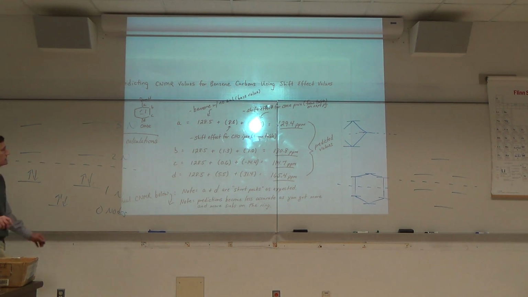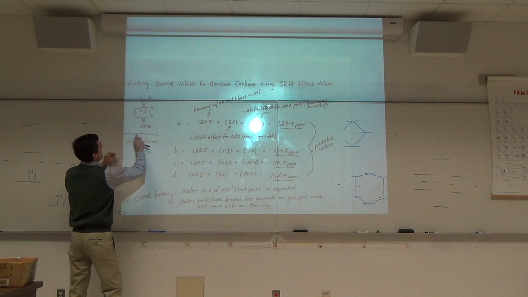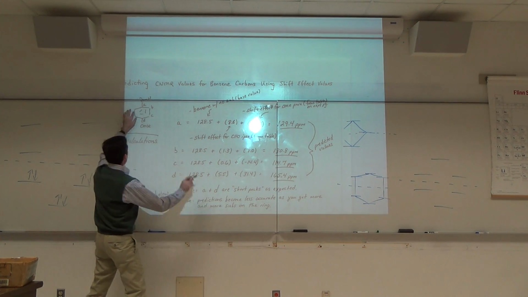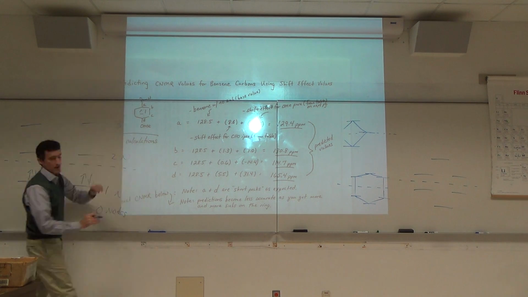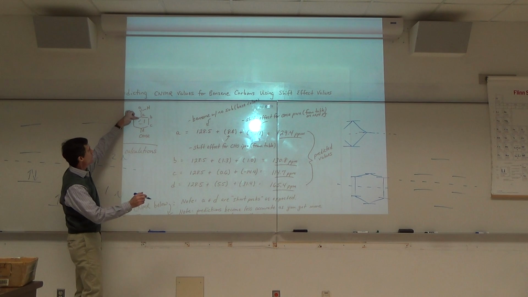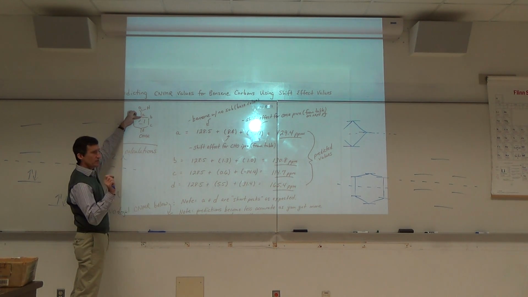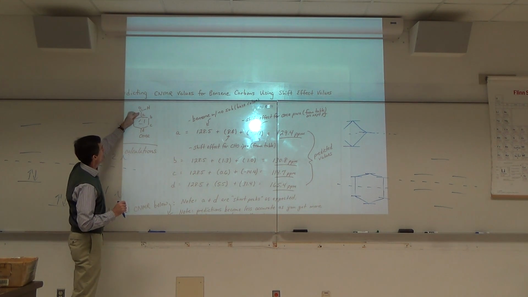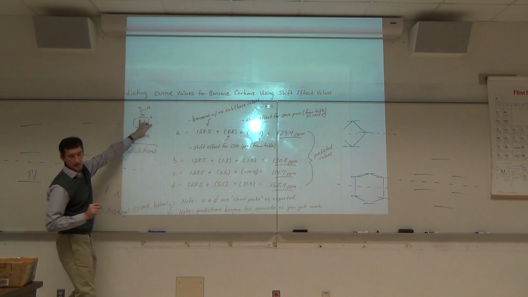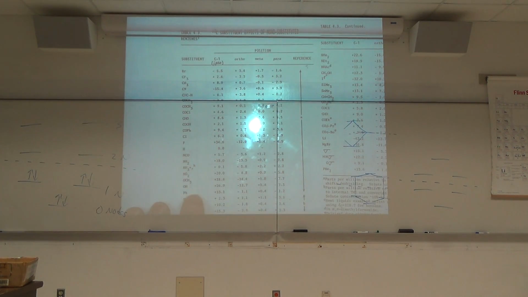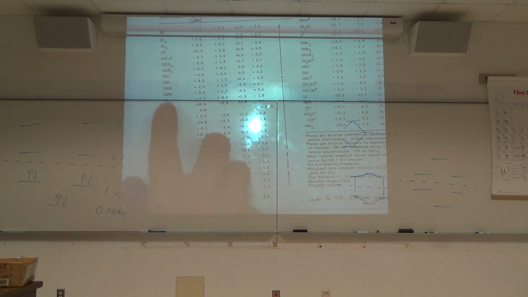What you do is, for example, A. How do you calculate A? You start with the base value. Then you add, what is the effect of the aldehyde group? We also have to have a position. We haven't talked about positioning, but this is called ipso, the substituent on the carbon we're talking about. What is the value for an aldehyde ipso? You look over here, you find aldehyde, usually it says CHO.